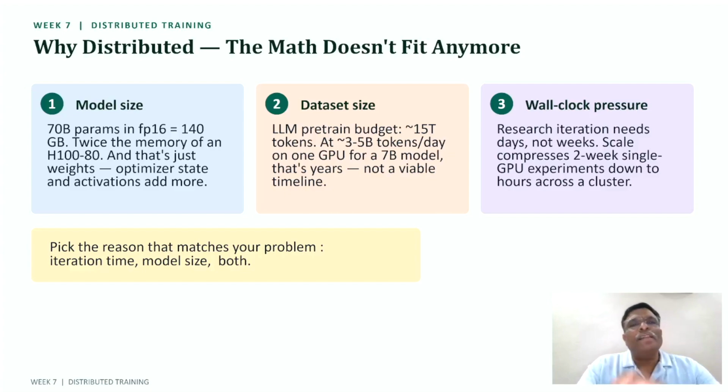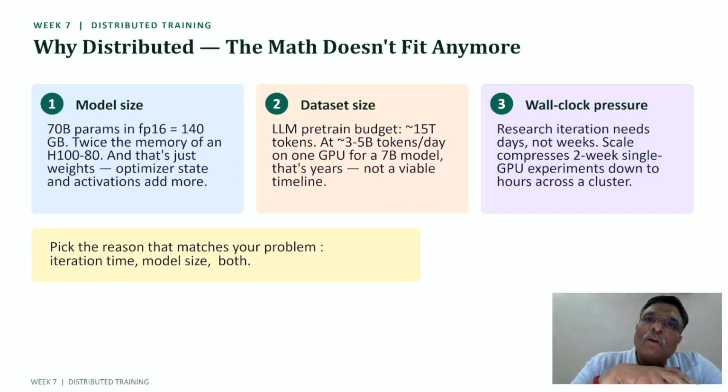Let's try to understand why we require distributed training. The idea here is to understand the math, which is very difficult to fit on a single GPU system. There are three ways by which we can discuss the requirements of distributed training. The first one is the model size.